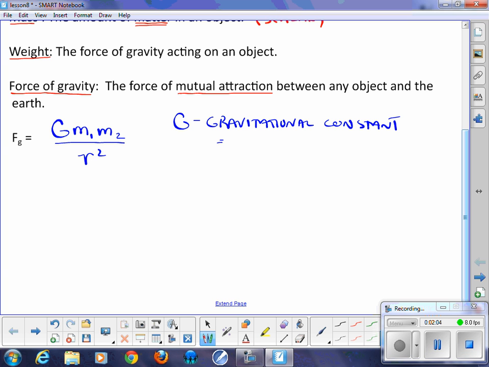Which is 6.67 times 10 to the negative 11 newton meters squared per kilogram squared. It's that fudge number that makes everything work out well. Mass 1 and mass 2, mass of both objects.